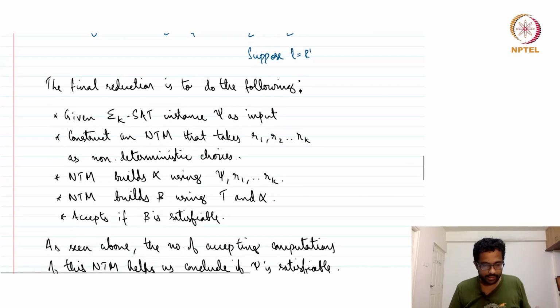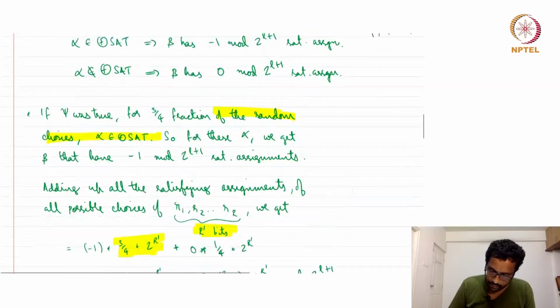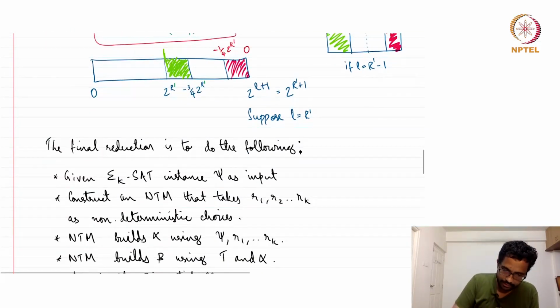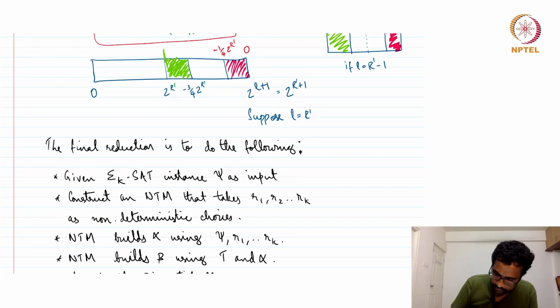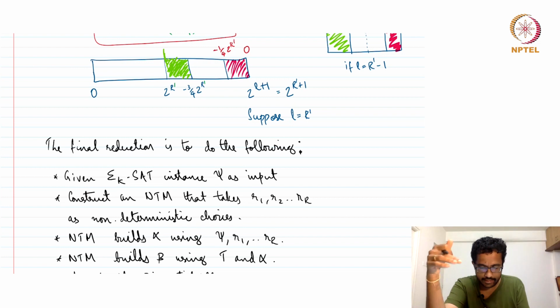So I have just written down the entire thing here. Given the sigma k instance psi as input, you construct a non-deterministic Turing machine that takes R1, R2 up to RR, which are the random choices, as non-deterministic choices. First, the non-deterministic Turing machine builds alpha using the reduction shown in the previous lecture, using psi, R1, R2 up to RR.